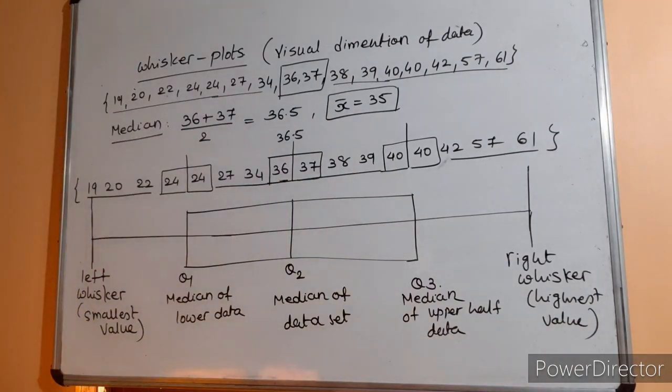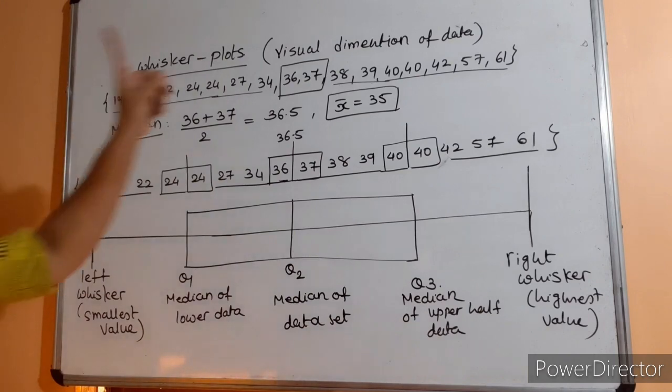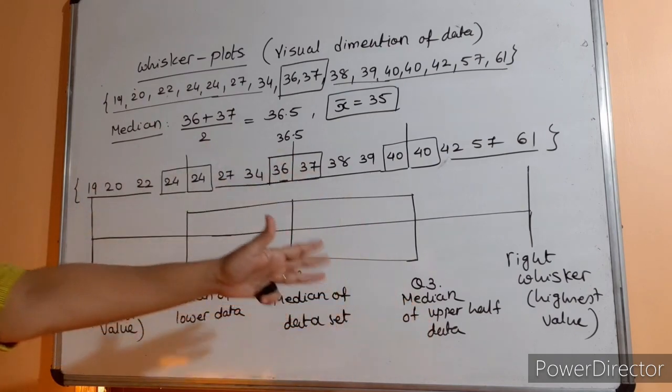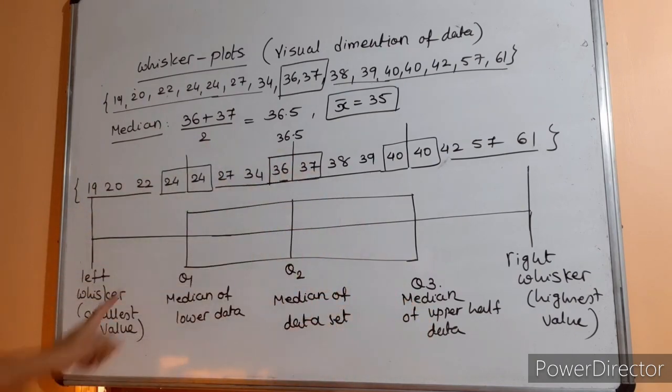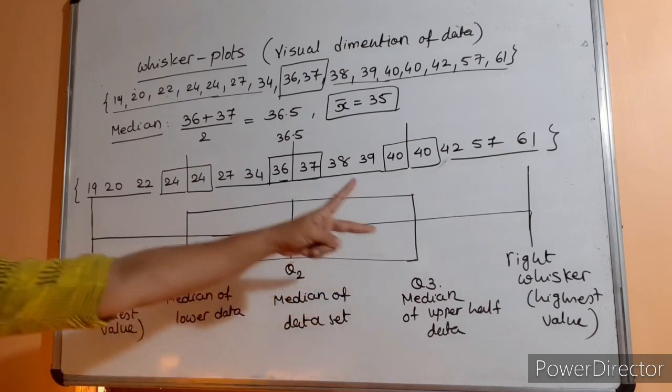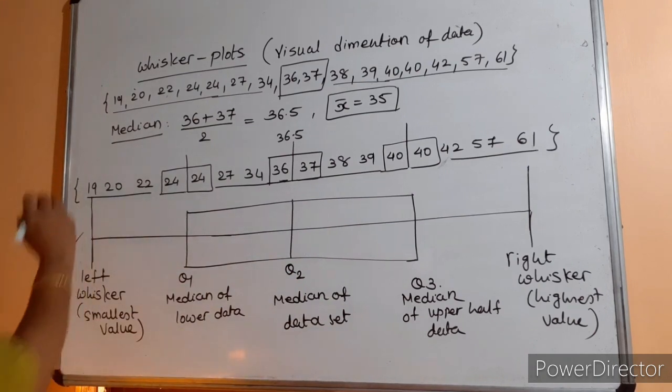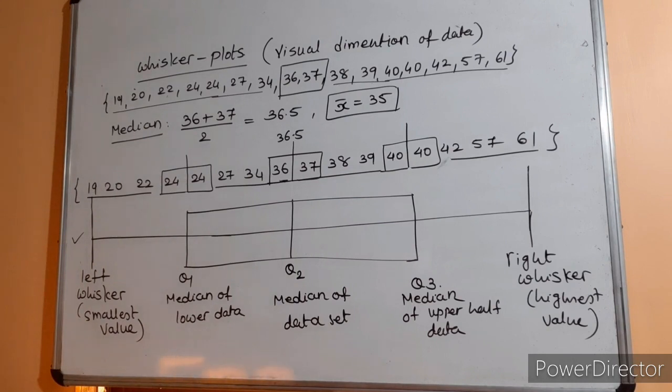The largest value is the right whisker, while the smallest value is the left whisker. Q1, Q2 and Q3, if you join them together, will make a box. So this is called a whisker plot graph.